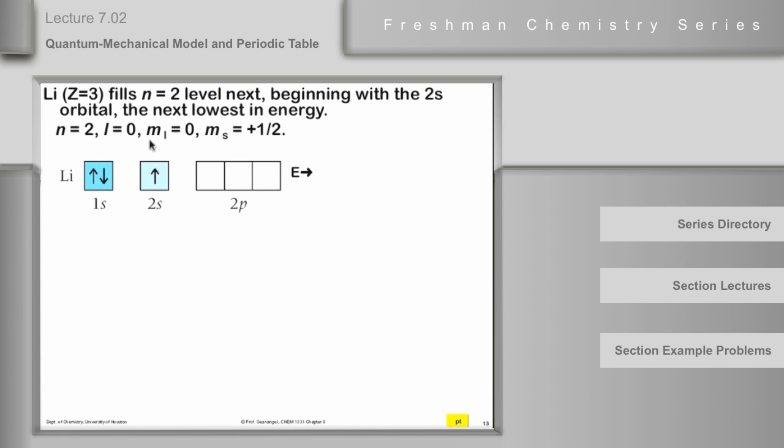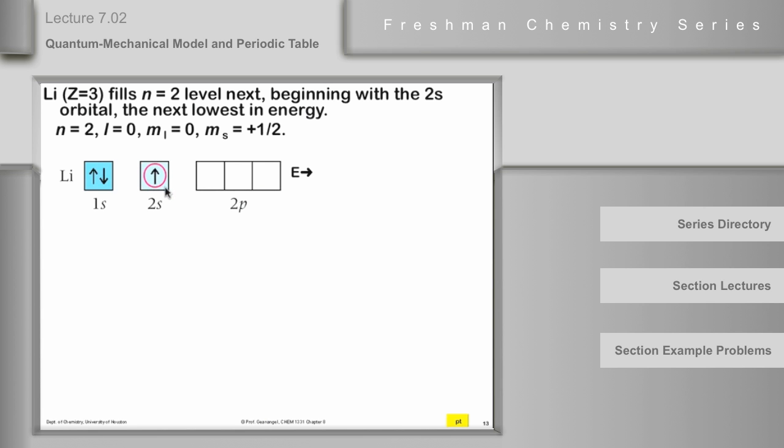Okay? And the third electron will be in the 2s, as we saw before. n is equal to 2, l is equal to 0, m sub l is equal to 0. m sub s is plus 1/2 by convention. So the box diagram, increasing left to right, looks like this. And that's the last added electron that I've made a circle for there.